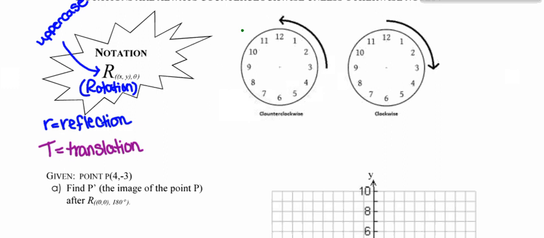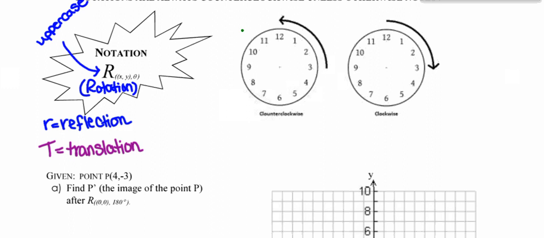Getting back to our rotations, we're going to use that uppercase R to represent a rotation. And to describe a rotation, we really need to consider two things. The first thing that we need to consider is where the center of that rotation will be. The center is going to be a fixed point around which everybody else will turn.